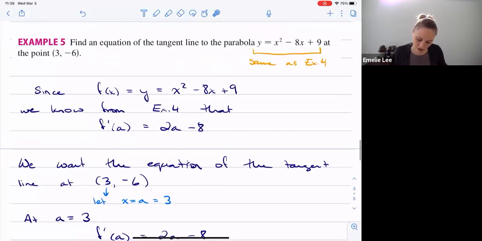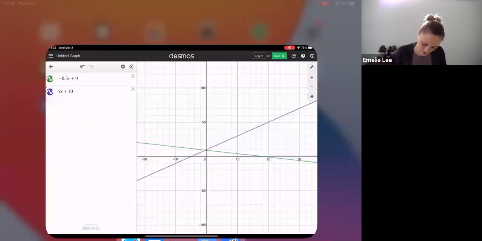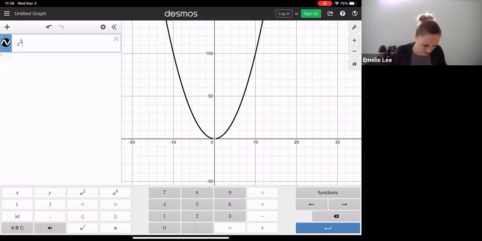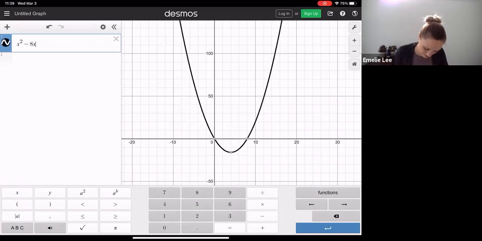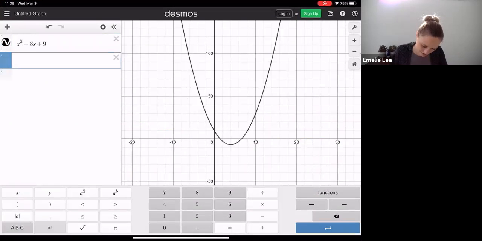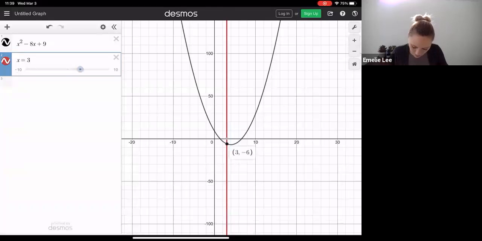So I'm going to draw x squared minus 8x plus 9. Oh, that's the wrong window. On here, I get x squared minus 8x plus 9, the original function. Then I'm interested in x equals 3. So now this is the point that I'm interested in, the point where I'm finding the slope of the tangent line, or in fact the equation of the tangent line.